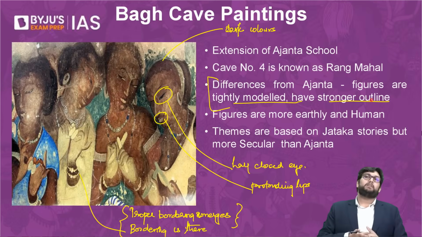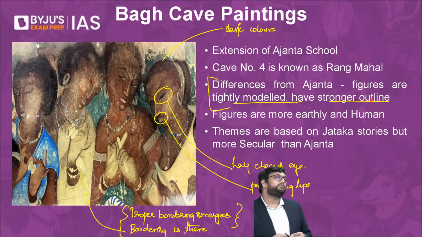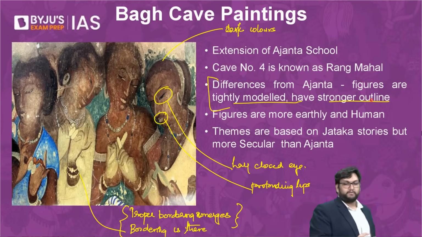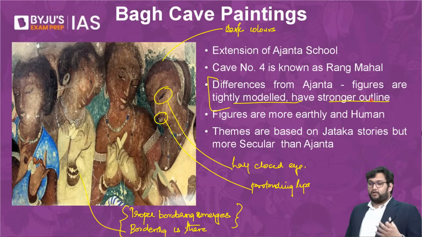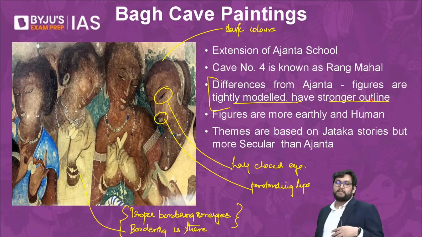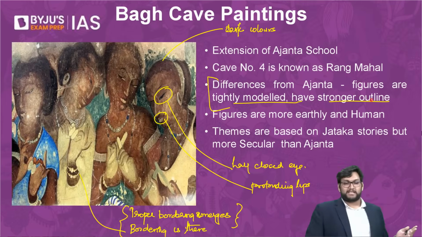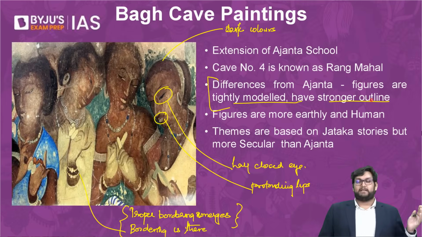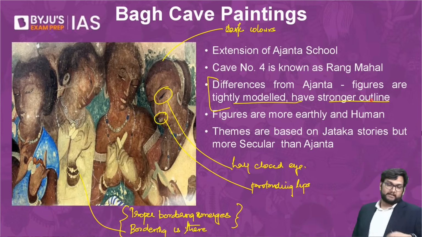And by bordering, you can also see that a little bit of depth will also come into the image, because if you look at it, now you can make out which woman is in the front and which one is in the back. In a sense, they are all standing in one sequence or in one line, but their shoulders tell us where they are. That is not possible if there is no bordering.